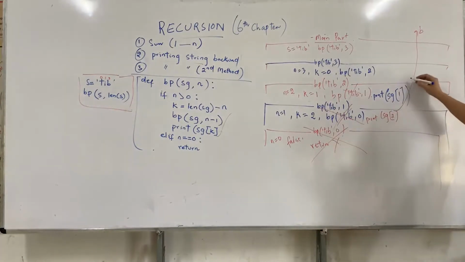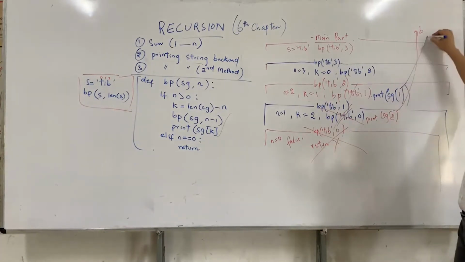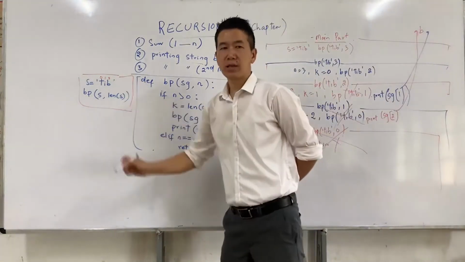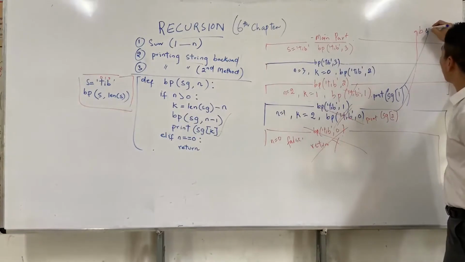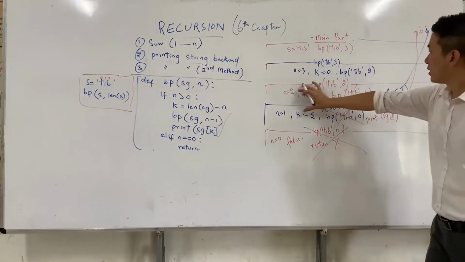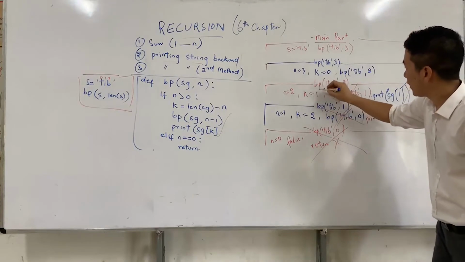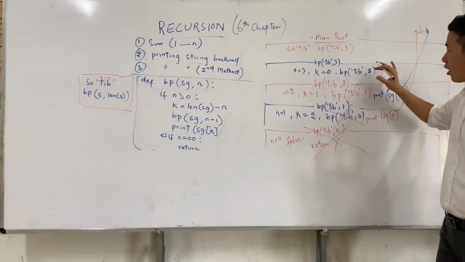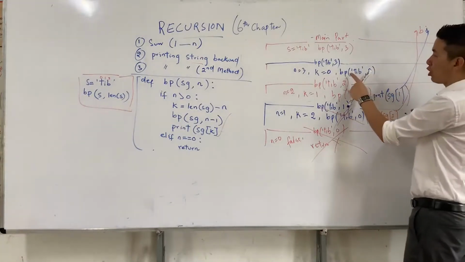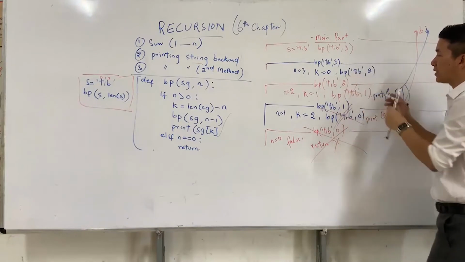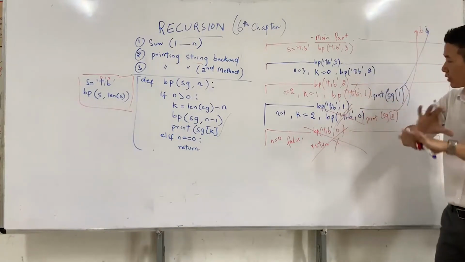So this will print the next character, SG of 1. SG of 1 is I. You will now have I, and then this particular function definition has been called by this function call. The function call of BPT2 has been executed completely.